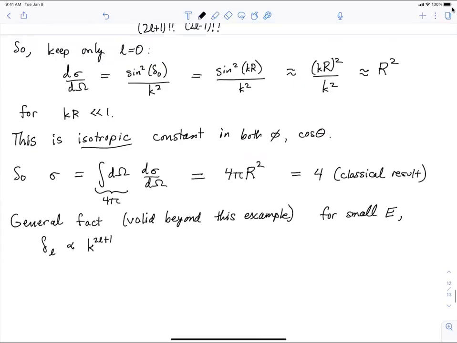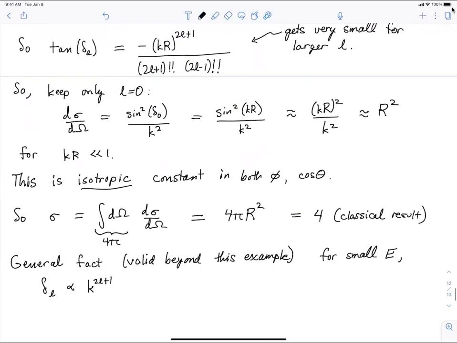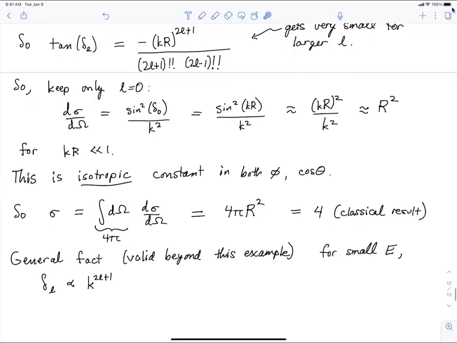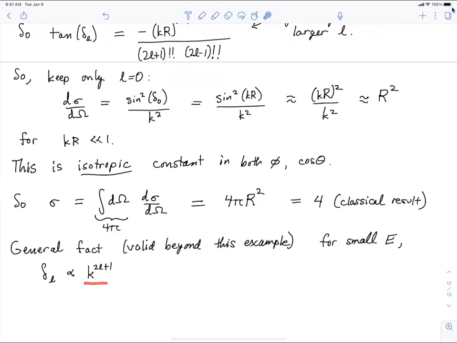Okay, so we saw that here. It was k to the 2l plus 1, and then for this specific problem, there were some other factors here that won't necessarily be there for other problems, but in general, it's going to be k to the 2l plus 1. Okay, and if you work that out in terms of the energy, it's like k squared. So this is going to be proportional to the energy to the L plus 1/2 power.